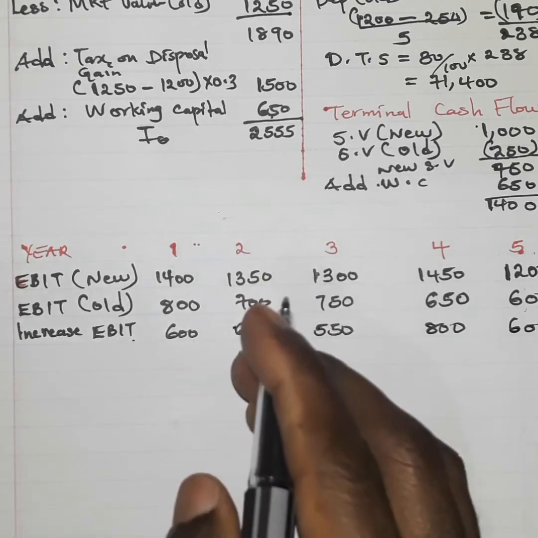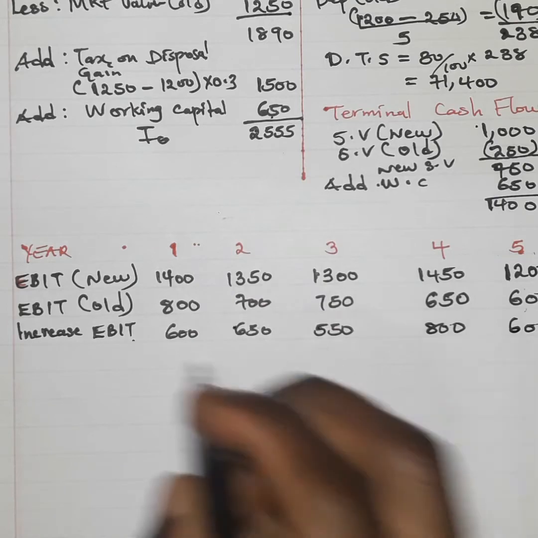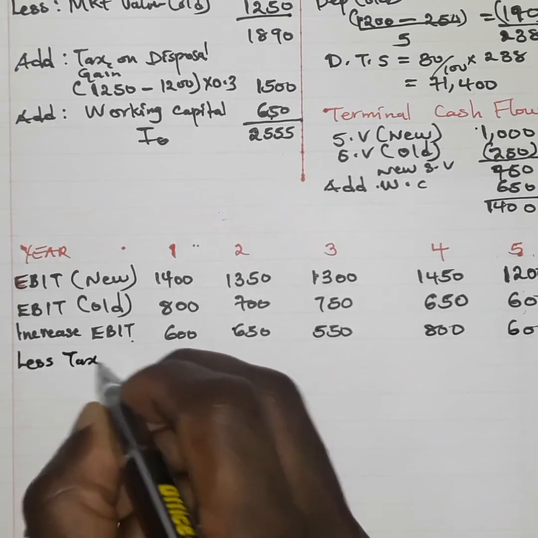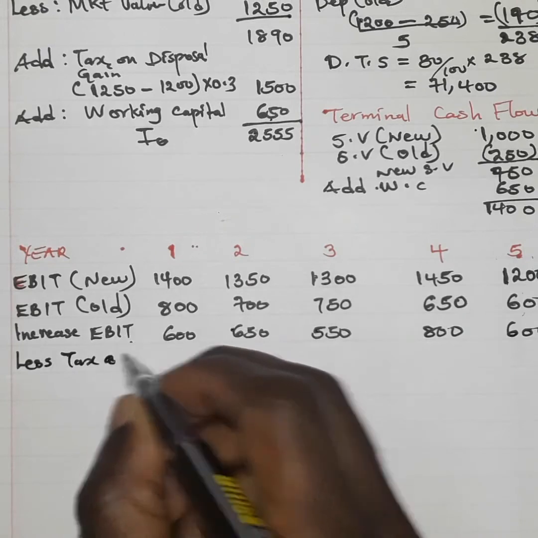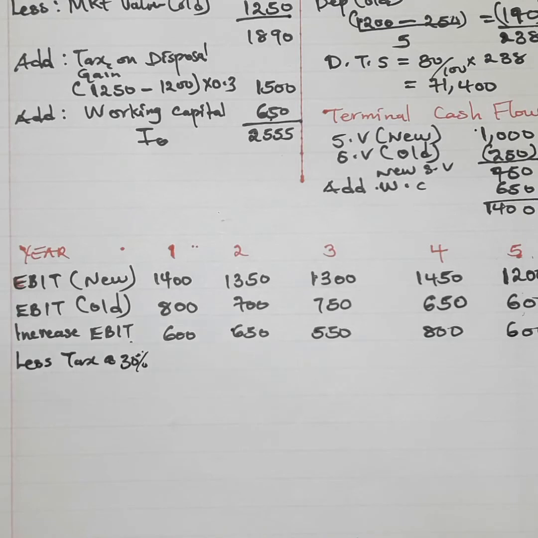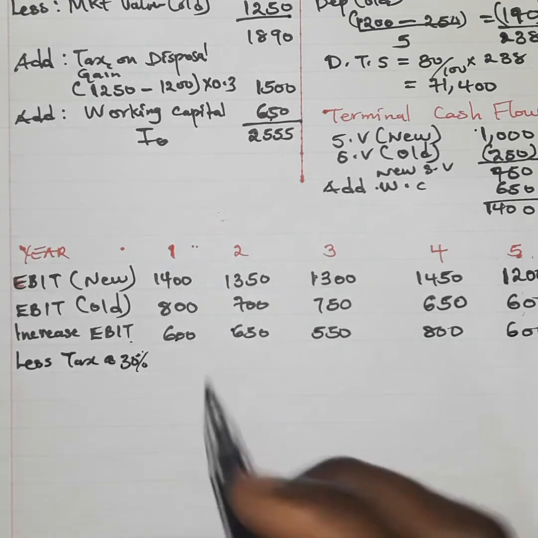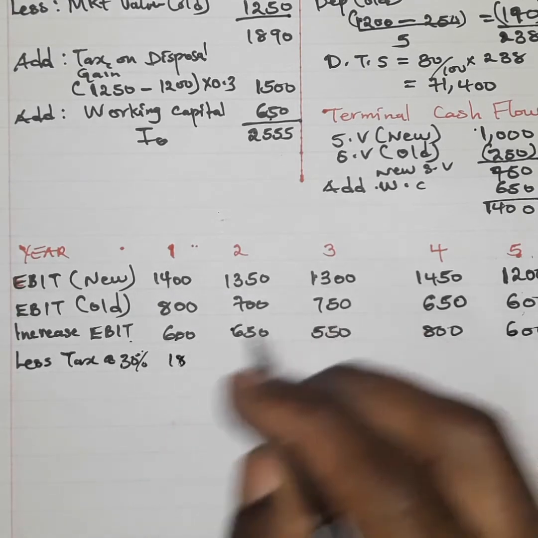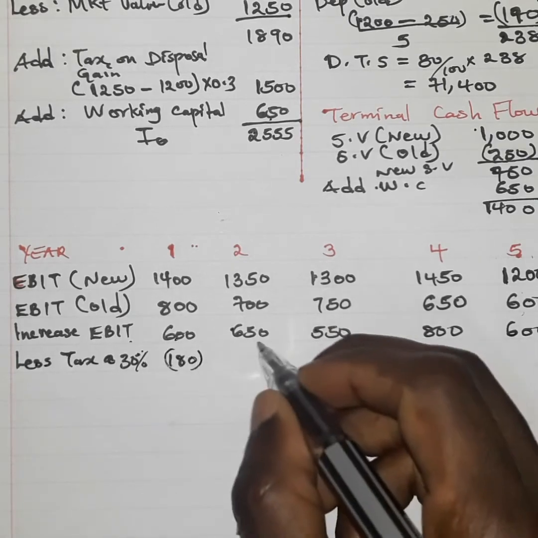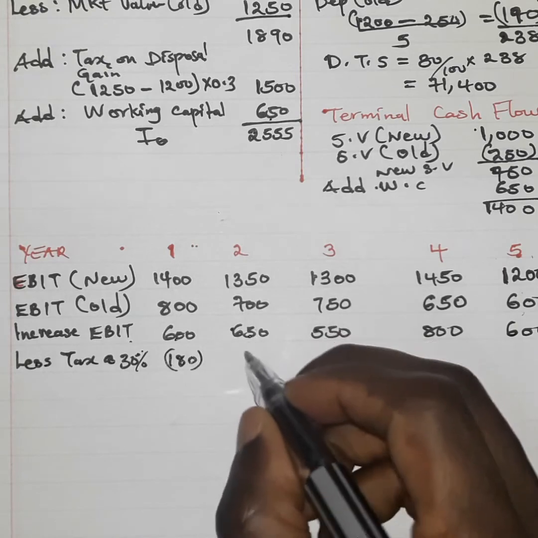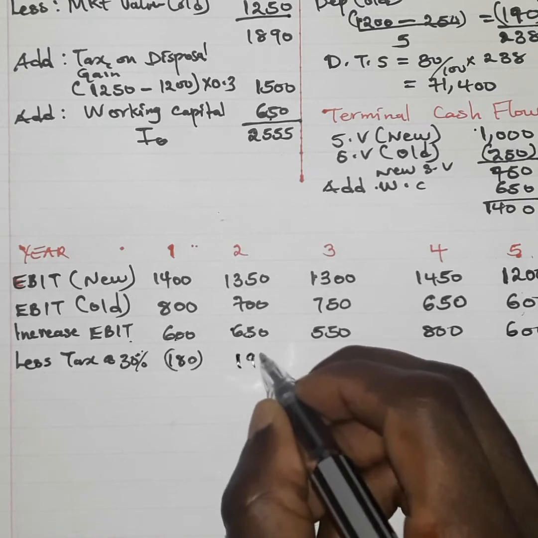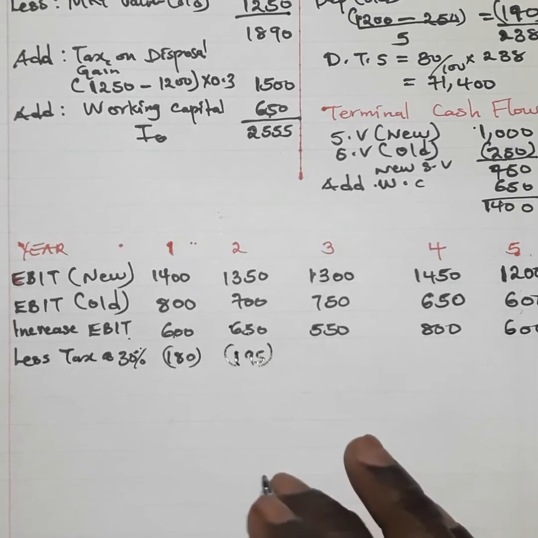Let us now factor in the element of taxation. So less tax, and tax was done at 30%. So if you do the tax at 30%, 30% of this one should be 180,000. 30% of this one should give us 195,000, which will be subtracted.